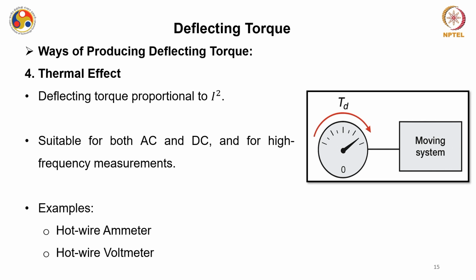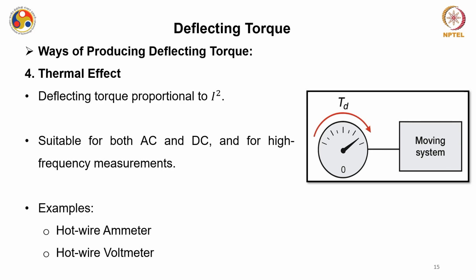So, the deflecting torque in this case is also proportional to the square of the current flowing through the wire. And they are suitable for both kinds of signals, AC as well as DC, and also for high frequency measurements.